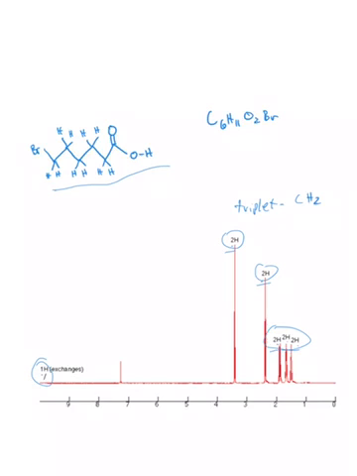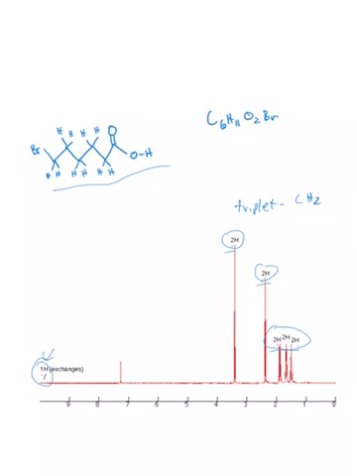So basically, the environments that are closest to the most electronegative atoms or functional groups are going to be shifted downfield the furthest. A good example of this would be this hydrogen, which is right down here.